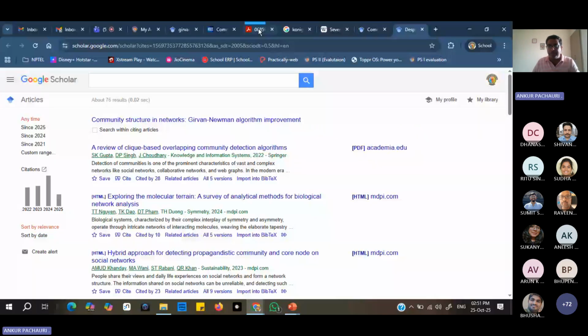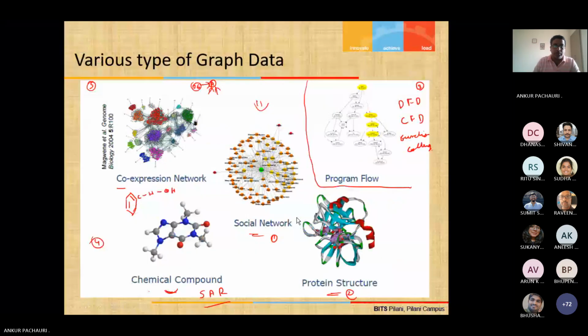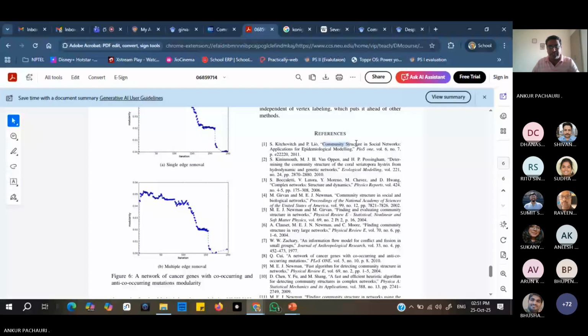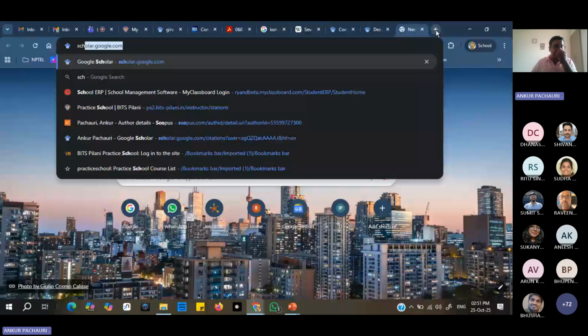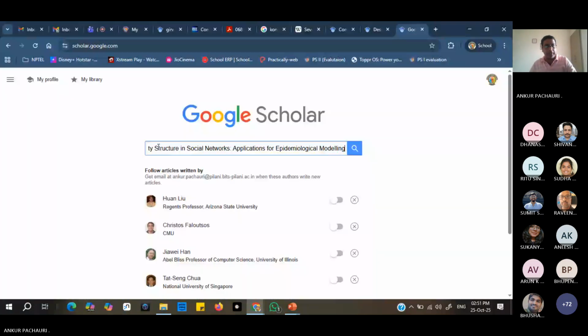Whereas he himself referred 12 research papers. The paper which he had referred is this.